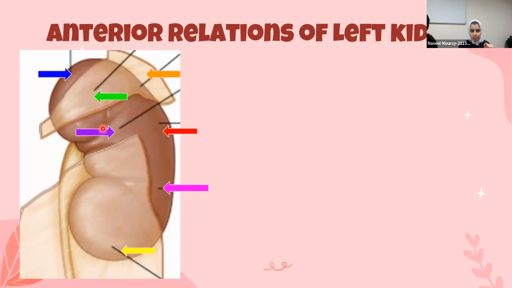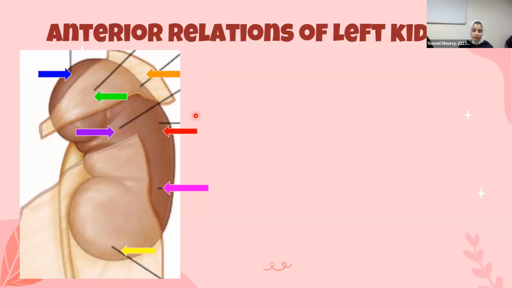Now purple is the third answer you guys sent, which is pancreas. Good. So pancreas is more towards the center of the body. Okay. So what about the red? Okay, colon.